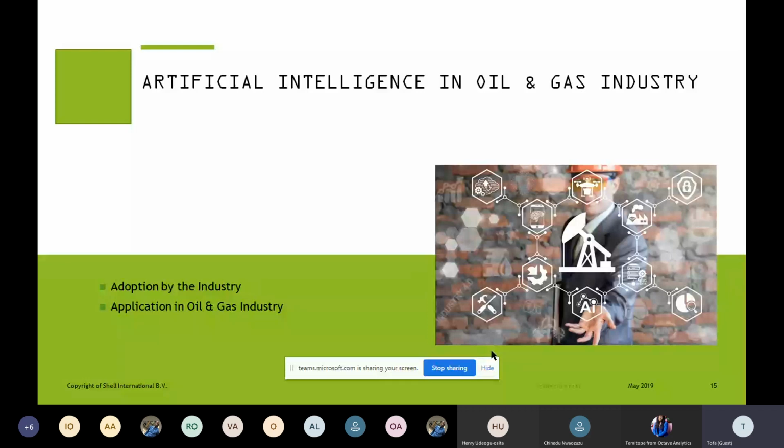So I don't need to really repeat that, of course, artificial intelligence and machine learning are an integral part of data analytics. Here and in subsequent slides, I just wish to share from my own perspective some of the applications of data analytics in the oil and gas industry and how it has been adopted so far in the industry.